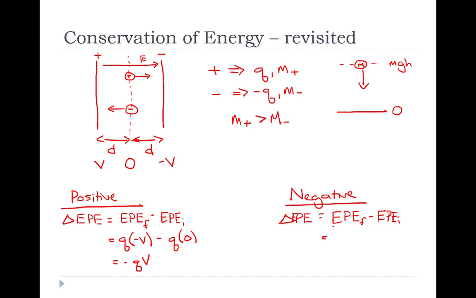The final energy is its charge, which I've defined as negative Q, times its final potential, which is V, minus, I lost a minus sign, so let's put it back in, minus negative Q times 0. And that also equals negative QV. So it also has moved to a lower energy state, even though it's moving in the opposite direction.